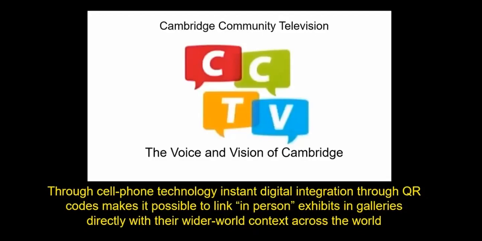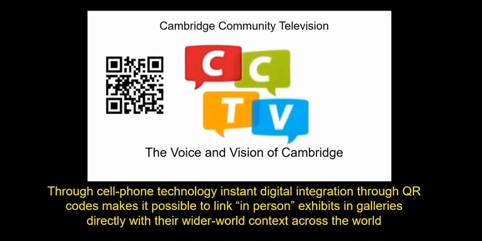As every high school and college student knows, cell phone technology and instant digital integration through QR codes makes it possible to link in-person exhibits and galleries directly with their wider world across the whole planet.